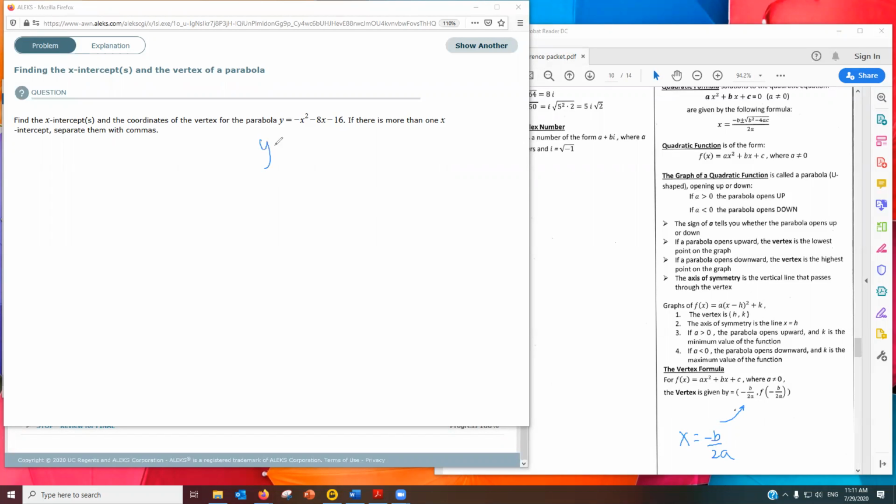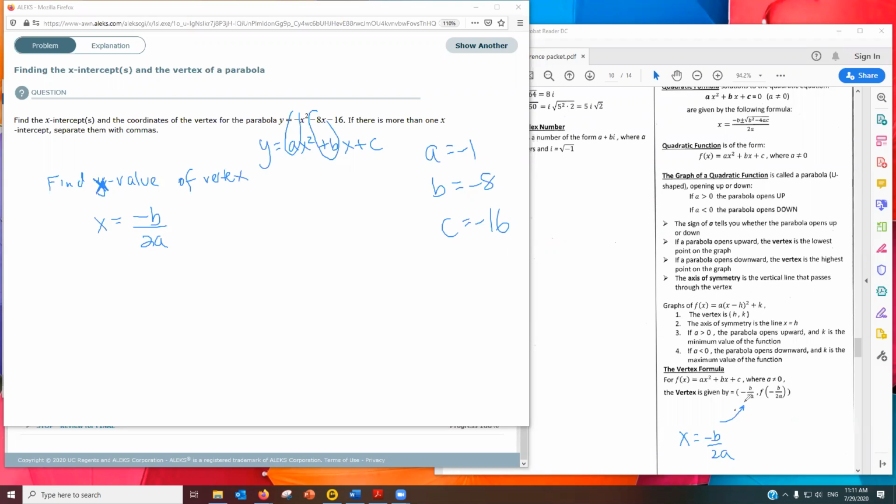So let's compare our equation to ax squared plus bx plus c. It looks like our a matches up to negative 1. Our b matches up to negative 8. And our c value is negative 16. So let's find the x value of the vertex to start with. For that, I use the handy formula negative b over 2a.